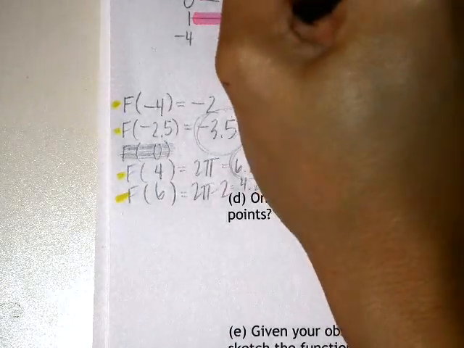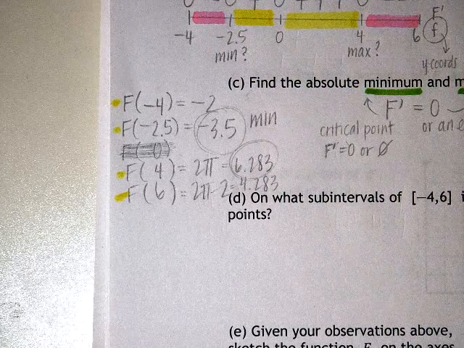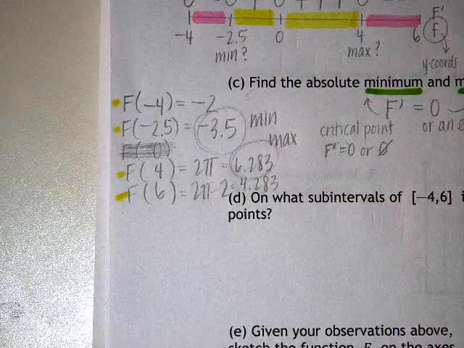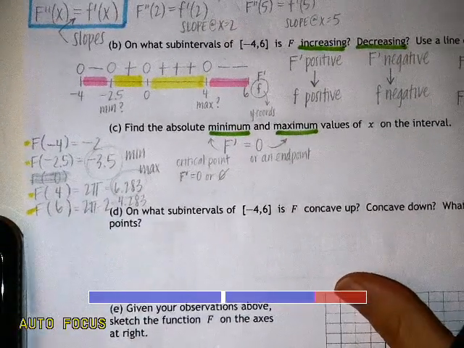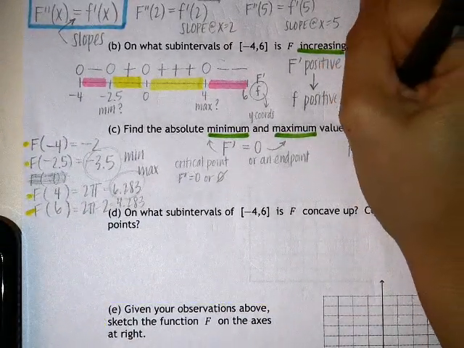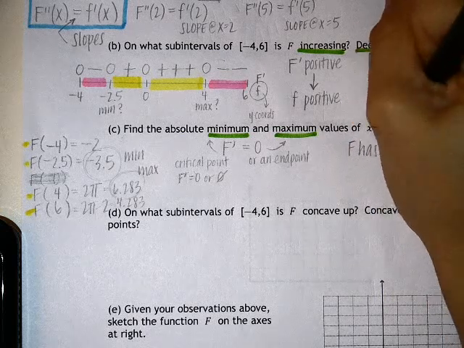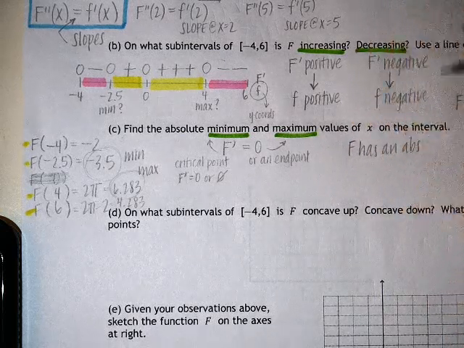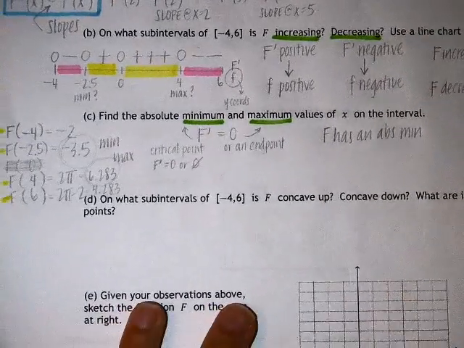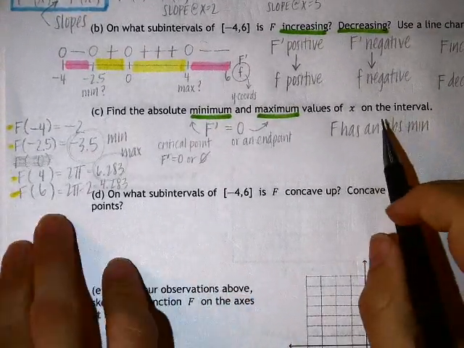My absolute minimum is the smallest value I just found, and the absolute maximum is the biggest. So to phrase this answer, I would say that big F has an absolute min, and you can abbreviate these things, or you can write them all in full words. Whatever's up to you is fine. They don't care if you abbreviate on the AP test.